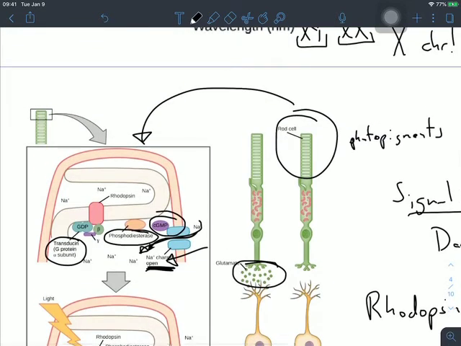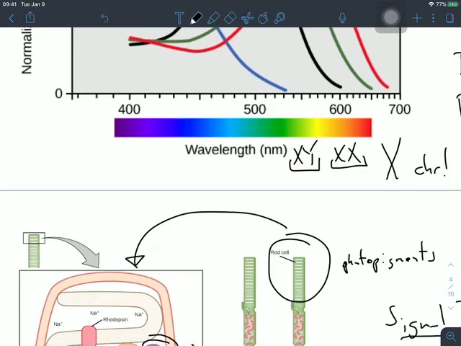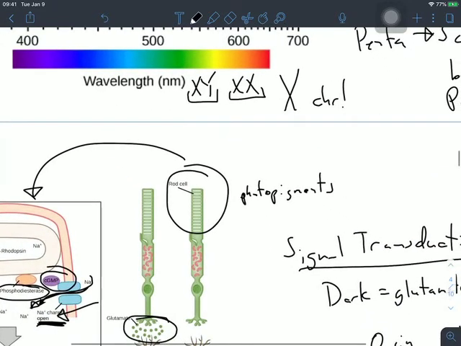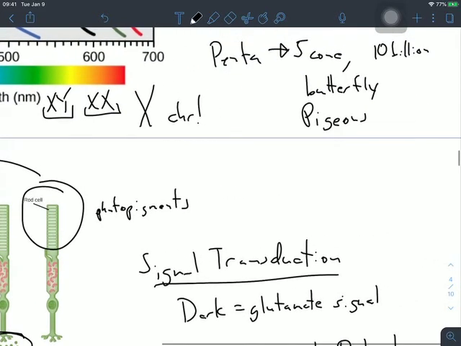Intensities coming from our rods, colors coming from our cones. Now, this means that ultimately vision is actually the perception in the brain of less of your neurotransmitter glutamate.